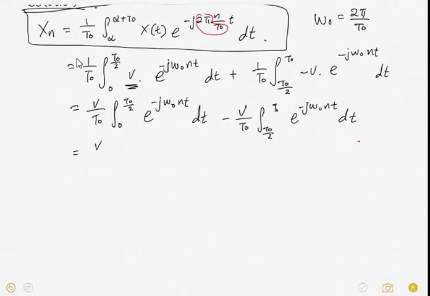So I got e to the minus j omega naught n t over minus j omega naught n. Okay, so I have minus j omega naught n for this one, and then minus the second part, also the same.